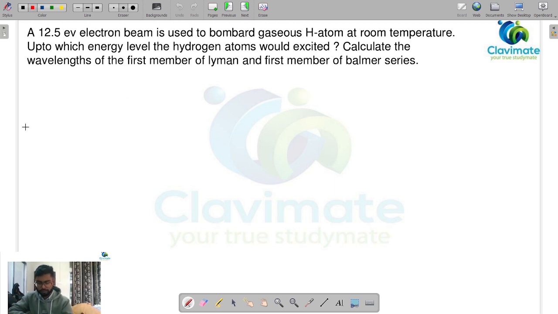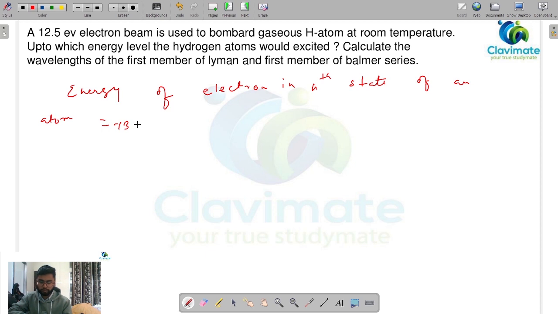So we know that the energy of an electron in the nth state of an atom is given by minus 13.6 Z square by n square electron volts.